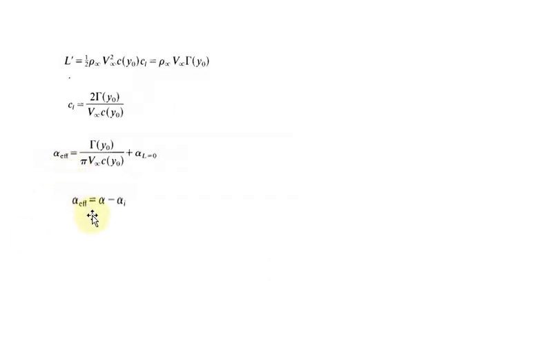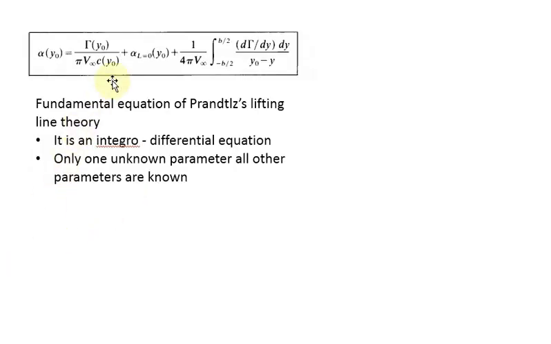Automatically, the geometric angle of attack alpha is nothing but the combination of the effective angle of attack and the induced angle of attack. When I use that form of equation, I get the total angle of attack, that is, the geometric angle of attack. So the geometric angle of attack is my effective angle of attack plus the induced angle of attack. This is the equation we derived in the last few slides.